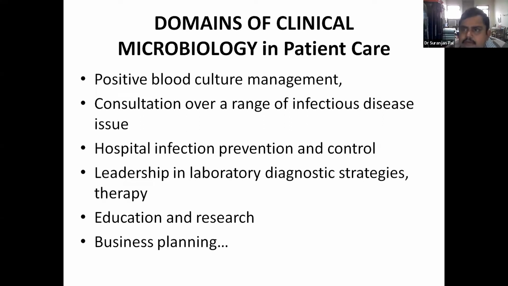So narrowing down to what is the commonest organism or commonest choice of antimicrobial therapy we can offer to the clinician, and thus a policy of antimicrobial can be formed, keeping microbiologists in the central part.